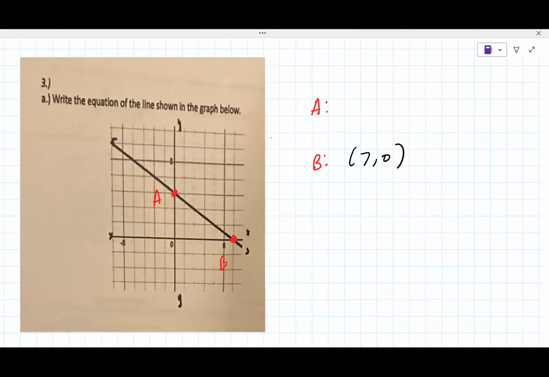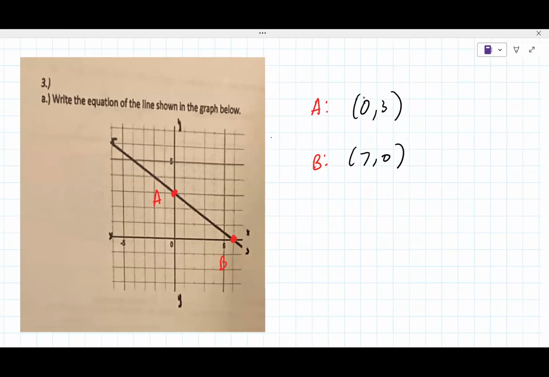B is correct, but A is not. Give me the ordered pair for A one more time. 0, 3. Yes, 0, 3.